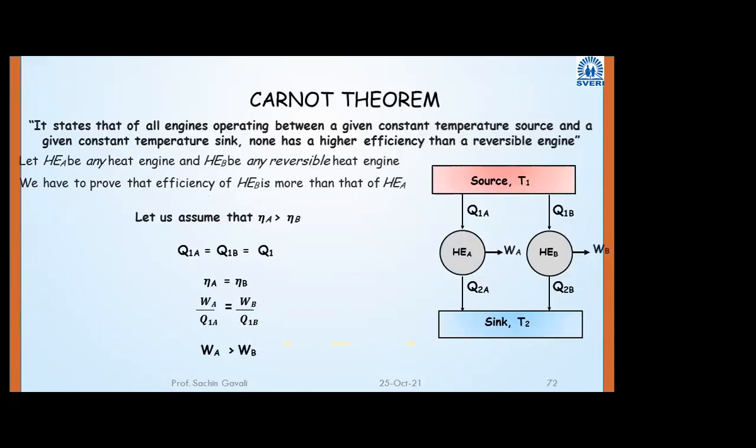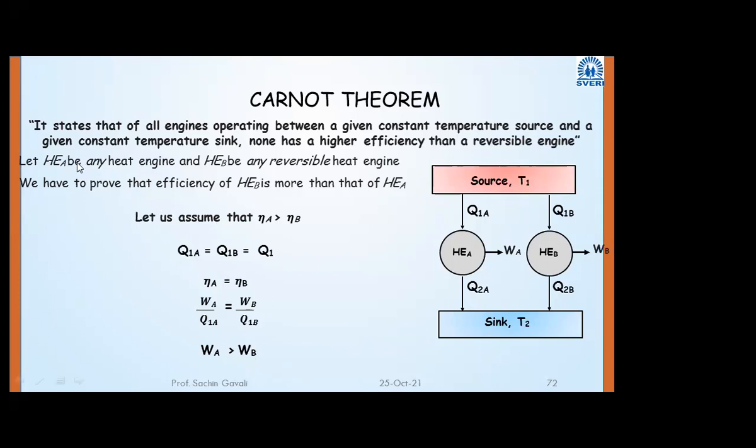So Carnot theorem one is what we stated last time. If a reversible and an irreversible cycle are working between the same temperature limits, that is, their source temperature and sink temperature are the same, then the efficiency of the reversible cycle is greater than the efficiency of the irreversible cycle, or the work done by the reversible cycle is greater than the work done by the irreversible cycle.